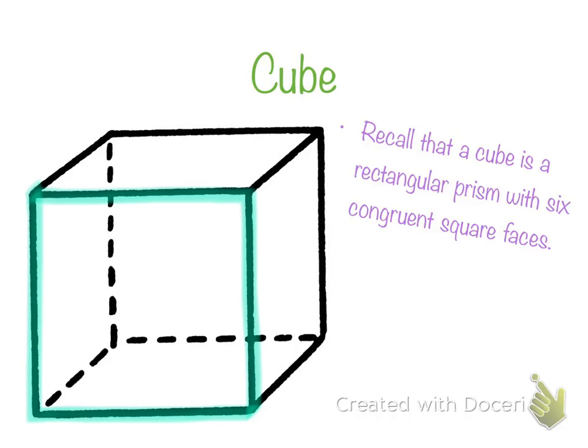So there's that front square, and then like I was saying, every single one is going to be exactly congruent to that. So you will, like I said, again, want to go ahead and pause the video so that you can fill in your notes and draw your sketch.